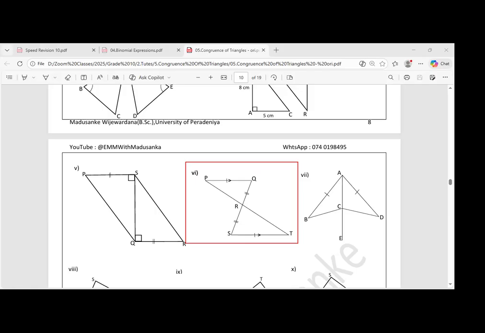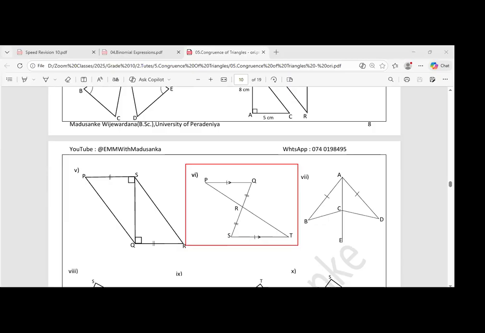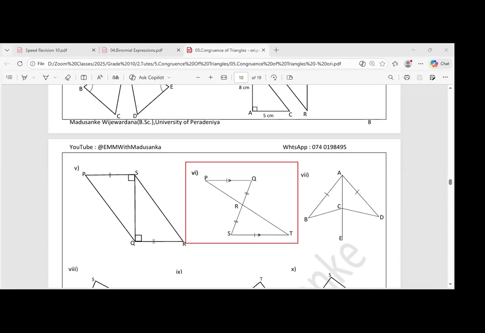Dinogi, RTS angle equals to, yes, QPR, R. Yes, with PRQ, PQR.